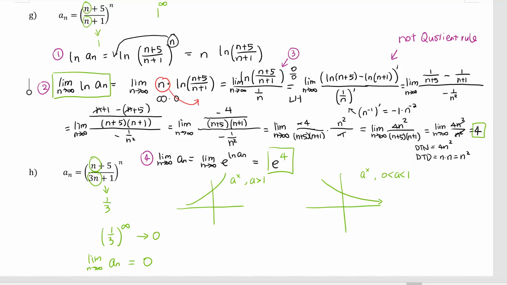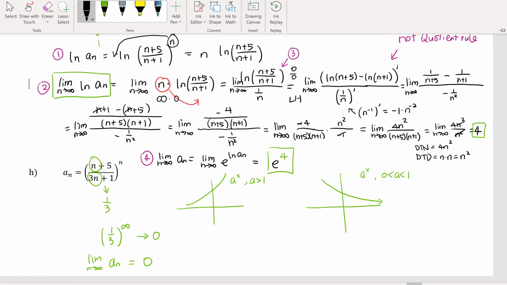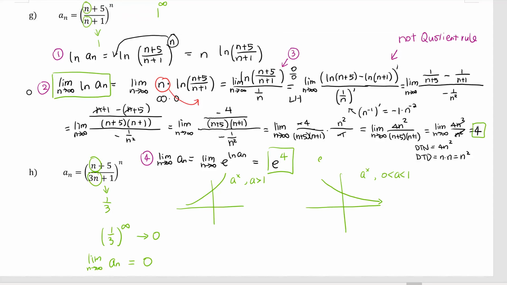In our last example, I forgot to say, because the limit is a number, the sequence converges. And then in part h, we also get the number 0, so the sequence also converges.